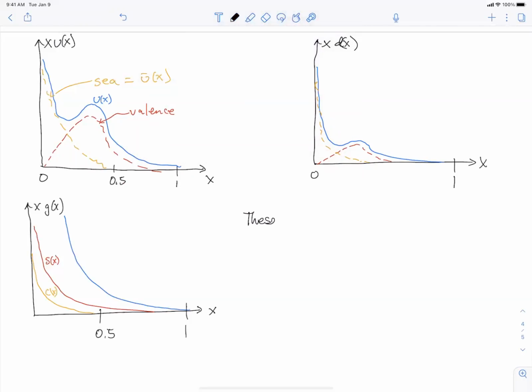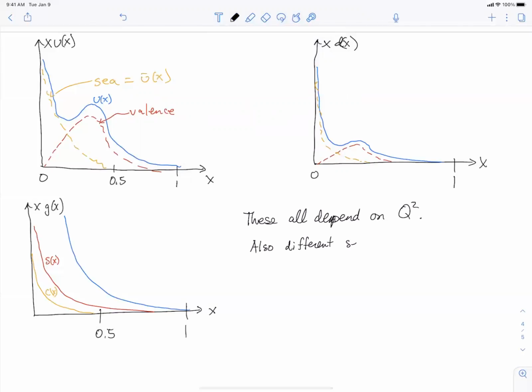These all depend on Q. I've just attempted to sketch them for one value of Q. But also when you go to CTEQ and say, give me your PDFs, they'll say, which one? So there are different sets depending on exactly what sort of thing you're going to use them for.